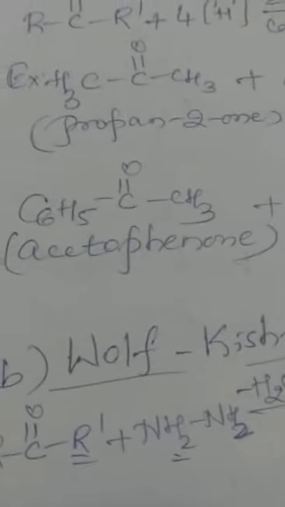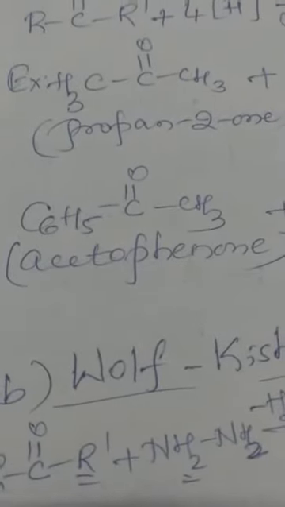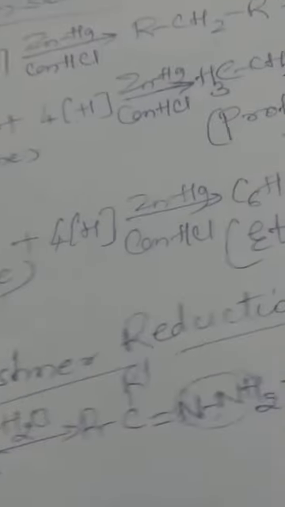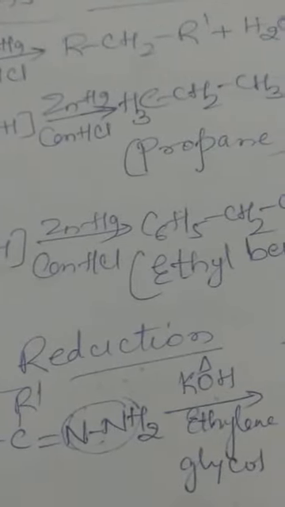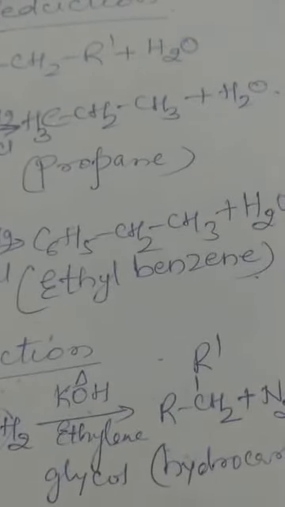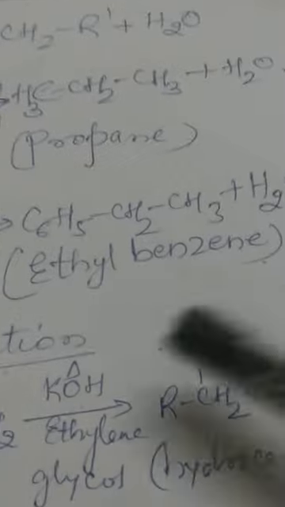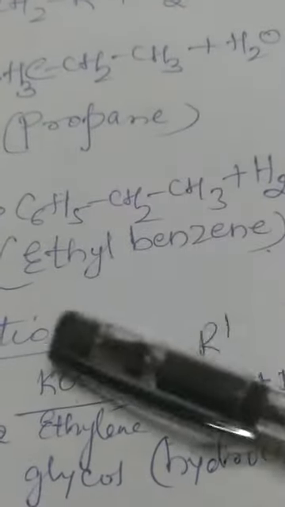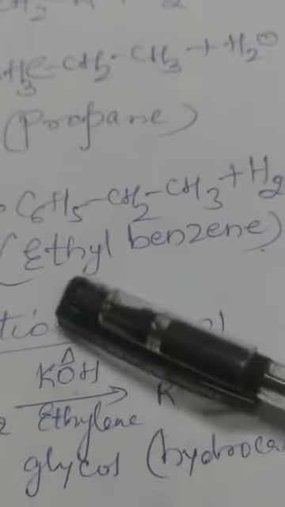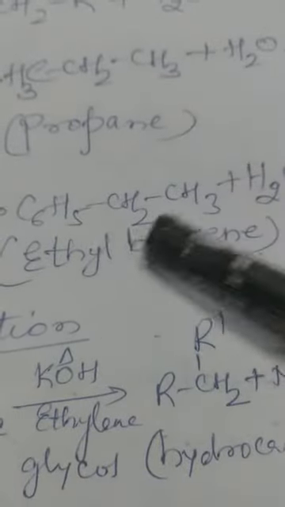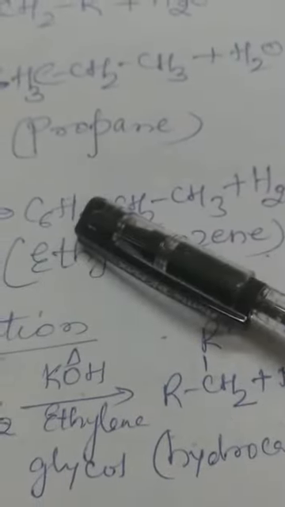Similarly, if you start with the aromatic ketone acetophenone, C6H5 C double bond O CH3, on reduction with zinc amalgam and concentrated hydrochloric acid, you will end up with ethylbenzene. The carbonyl group once again is replaced by the methylene group CH2, so that you get the product C6H5 CH2 CH3, which is the ethyl group bonded to the benzene ring. So it is ethylbenzene.